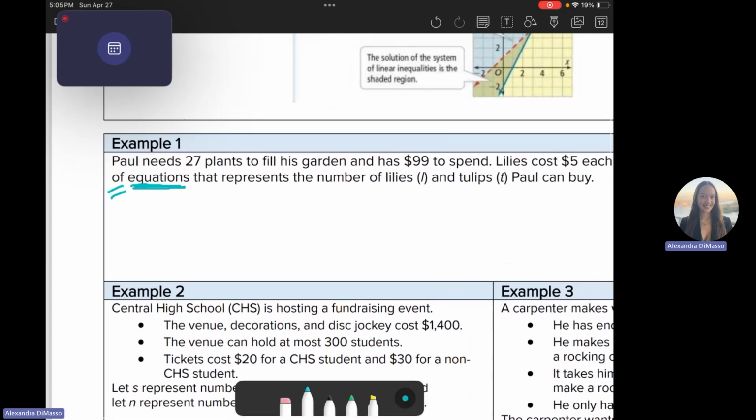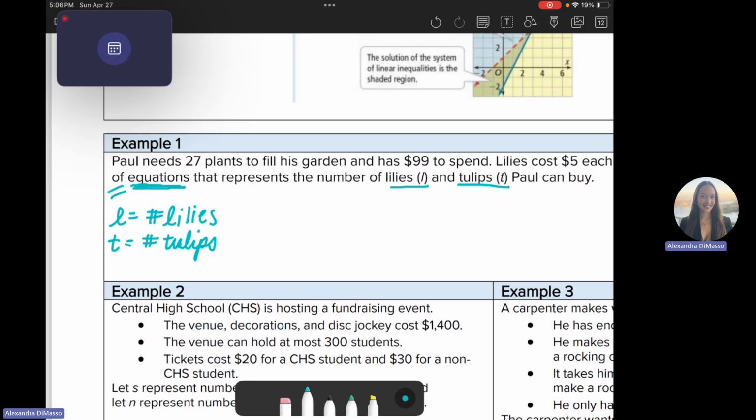Typically, we are asked to define the variables, but I see that they've already defined the variables for me here. So L will mean number of lilies, and T will be my number of tulips.